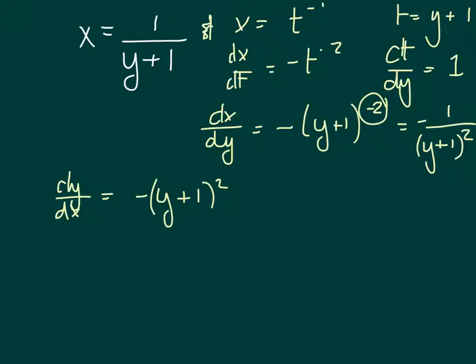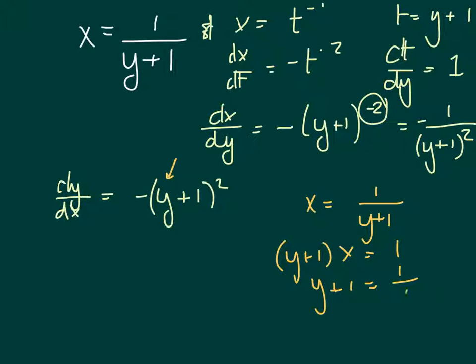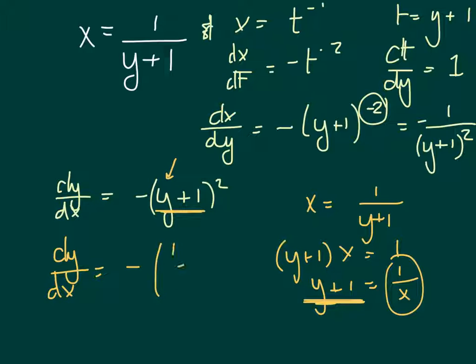So I need to find an expression for that y. Well, I know that x is 1 over y plus 1. So if I multiply it up, (y plus 1) times x equals 1. So y plus 1 is 1 over x. Now I can replace the y plus 1 in my equation with 1 over x, leaving me with dy by dx equaling minus 1 over x squared.